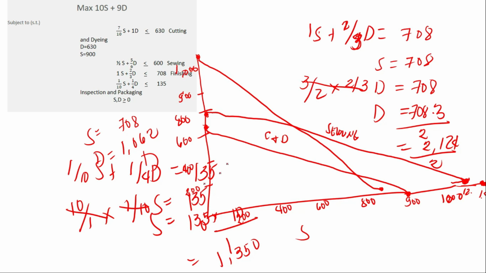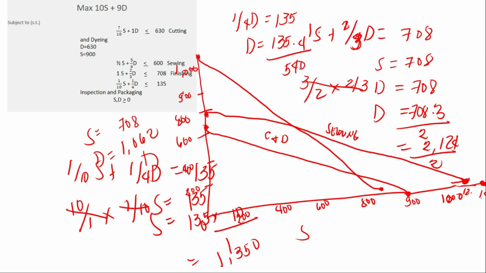And then for the deluxe, let's compute again. We have 1/4 D, right? 1/4 D is equal to 135. So D is equal to 135 times 4. 135 times 4 is equal to 540.